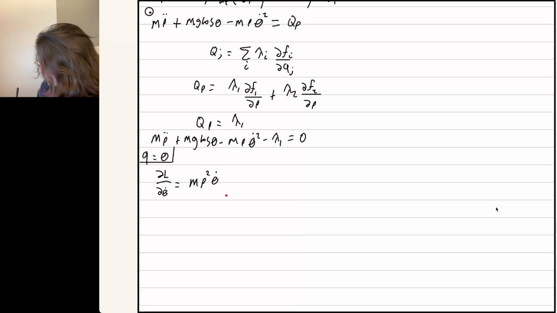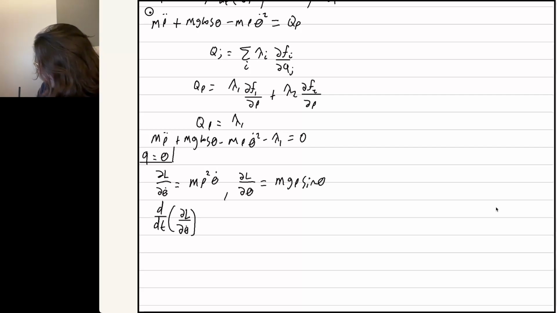Then taking the partial derivative of the Lagrangian with respect to theta, it's going to be mg rho sine theta. And if you take the time derivative of the partial with respect to theta dot, you get something gross. So it's going to be 2m rho dot theta dot plus m rho squared theta 2 dots.